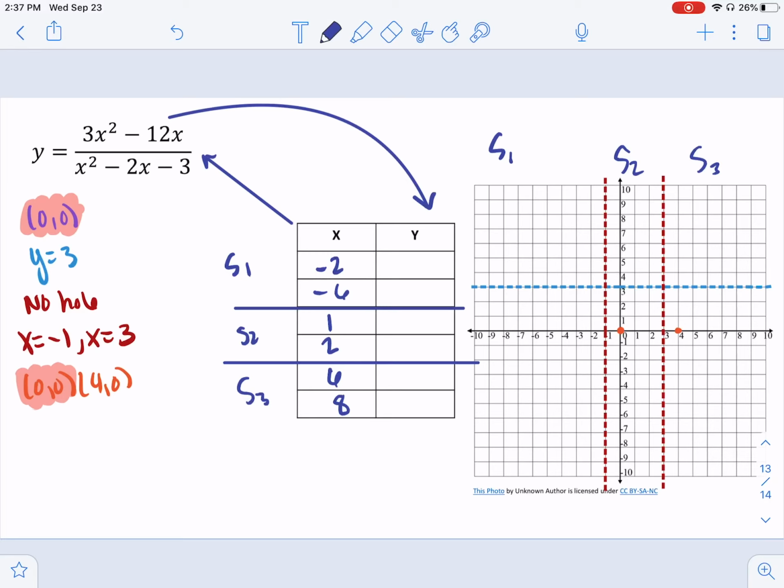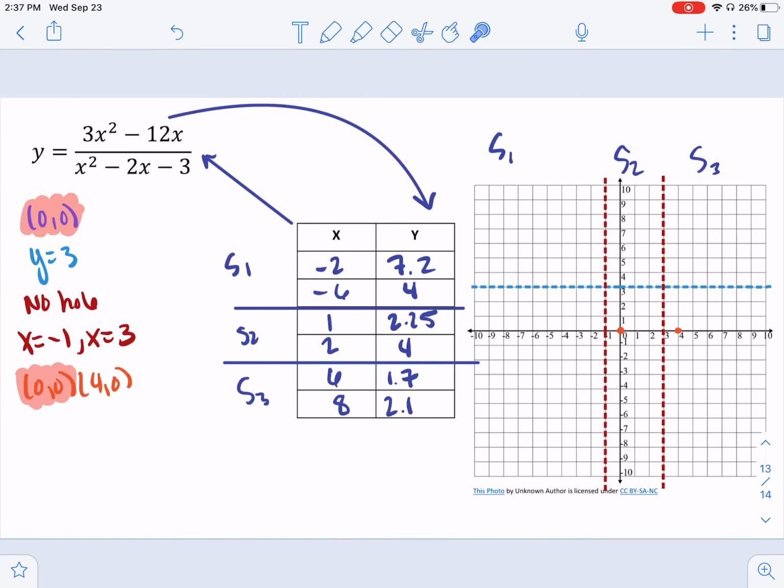So 3x squared minus 12x divided by x squared minus 2x minus 2. Okay, so now that I have these points, I'm going to go ahead and plot them.